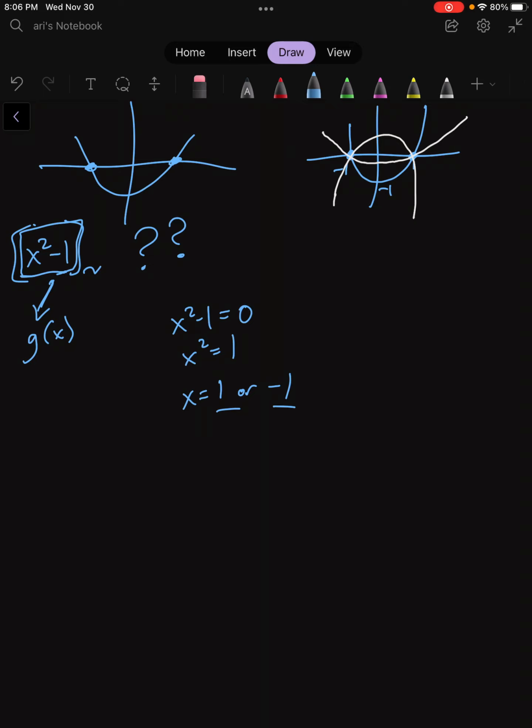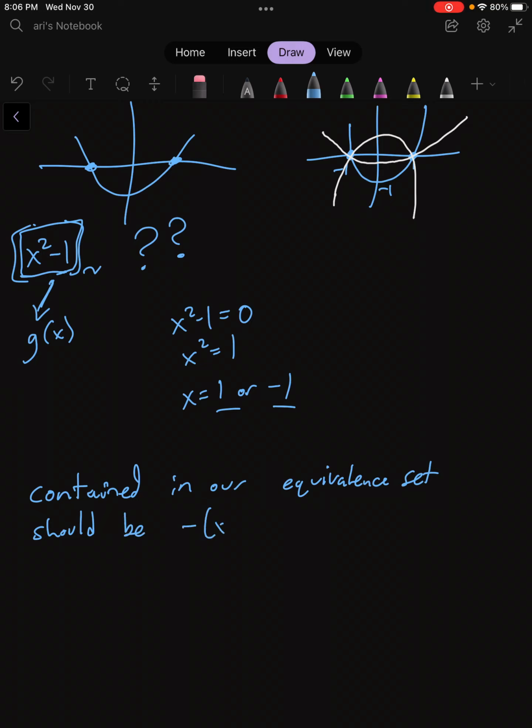So contained in our equivalence set, the way we flip it upside down is by multiplying it all by -1. Should be negative x squared minus 1.